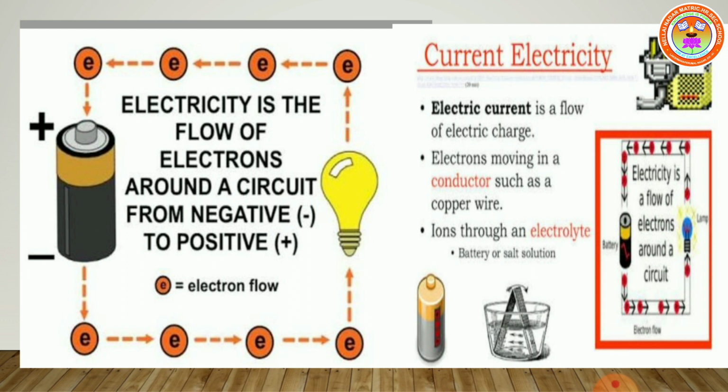Electrons moving in a conductor, for example, copper and aluminium, such as a copper wire. Ions through an electrolyte. So, electricity is the flow of electrons around a circuit.